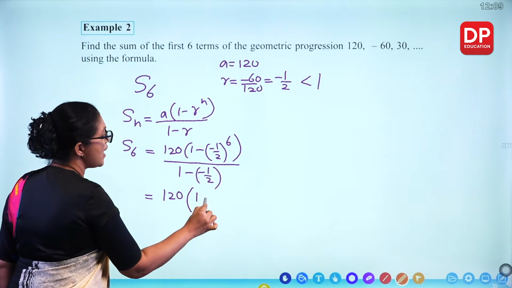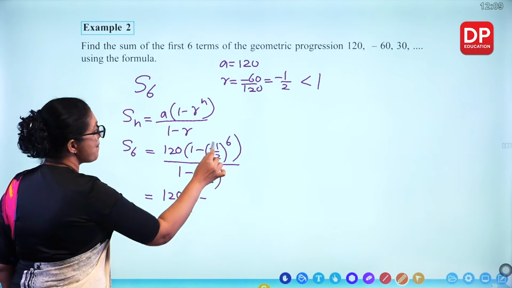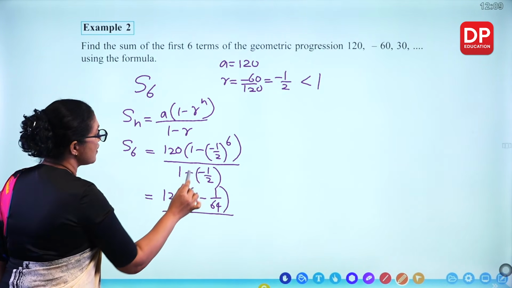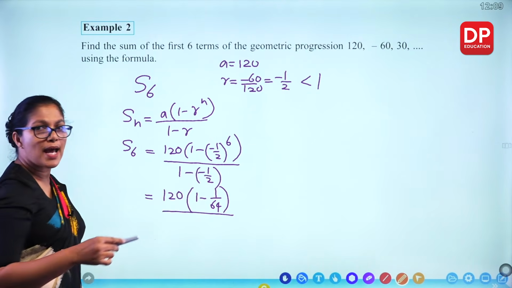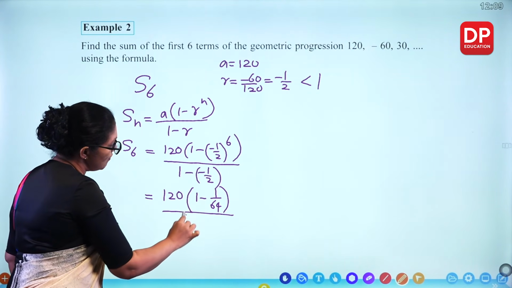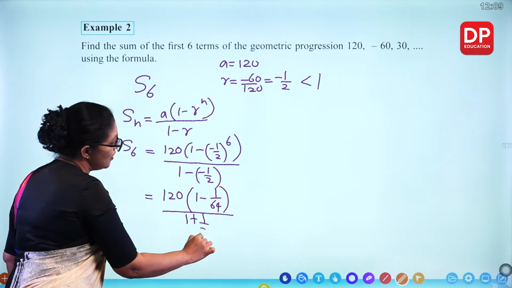So 1 minus the positive answer 1 over 64. The denominator is 1 plus half. What's 1 plus half? 3 over 2.